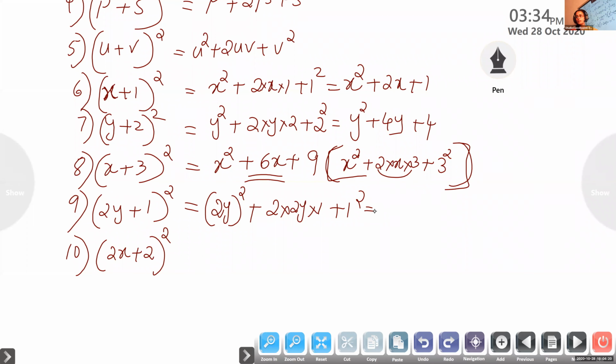Mithun, 3 square is 9, 3 into 3. Always you are making this mistake. Ma'am, 4y plus 1. Ma'am, 4y square means.